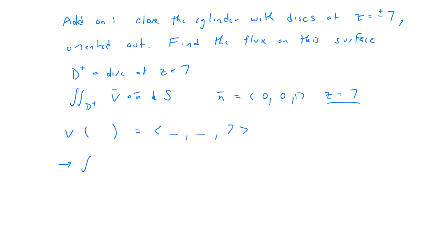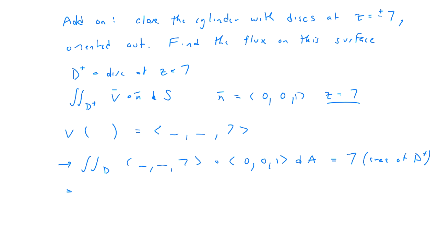And so we now have the integral over the disk of this whatever 7 dotted with 0, 0, 1, which is 7. And since that's a constant, it's just going to be 7 times the area of the disk.